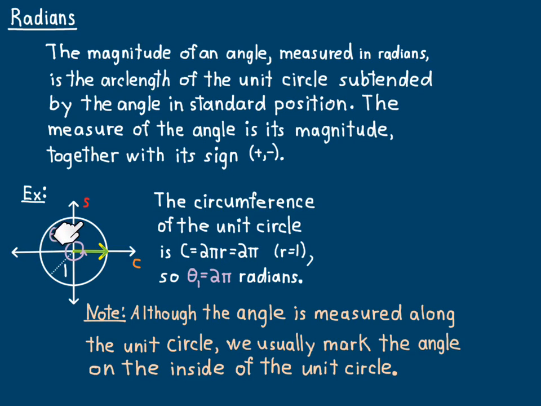And sometimes we have points out here and we don't want to get them mixed up or cluttered by having some circular arrow going around here. But the radians measurement is actually around here. It's how far we're traveling here. But we mark it on the inside usually. So it's a minor point there.